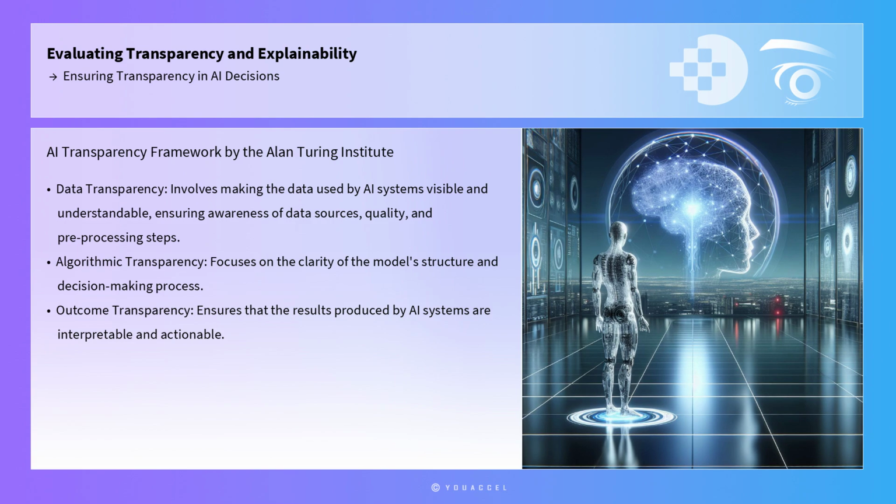Data transparency involves making the data used by AI systems visible and understandable, ensuring that stakeholders are aware of the data sources, quality, and any pre-processing steps. Algorithmic transparency focuses on the clarity of the model structure and decision-making process, while outcome transparency ensures that the results produced by AI systems are interpretable and actionable.